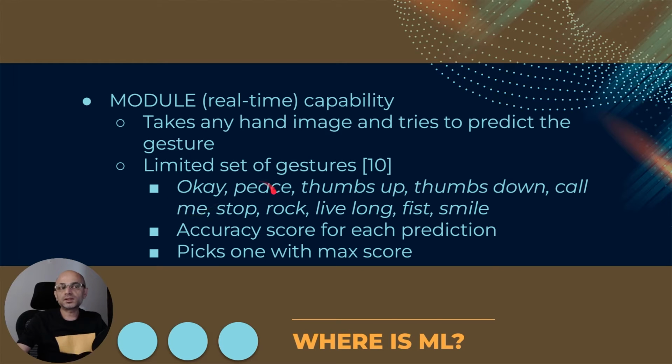Similarly it is trying for each of these gestures, trying to find a score like a probability of how probable the given image has this gesture. With the scores for each gesture, the module picks the one with maximum score, that means with maximum probability that the image has that gesture.